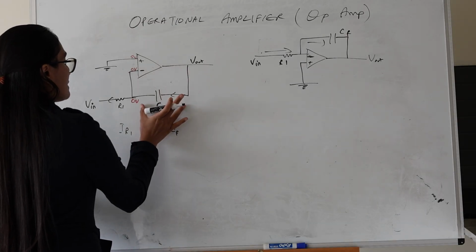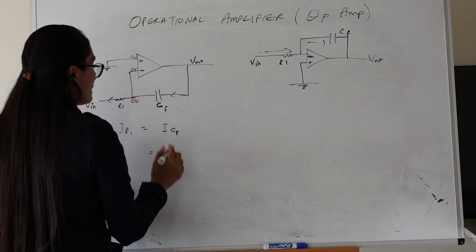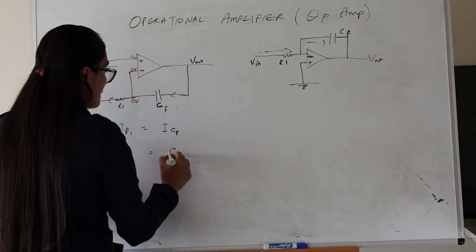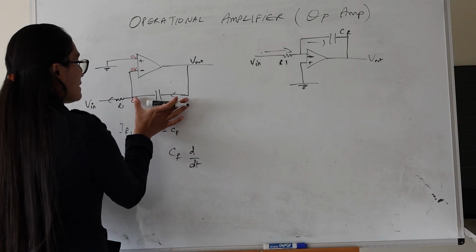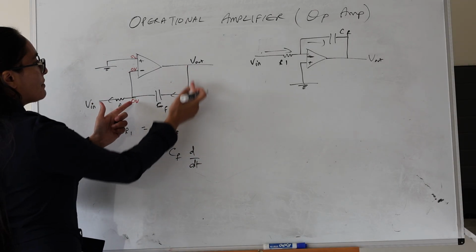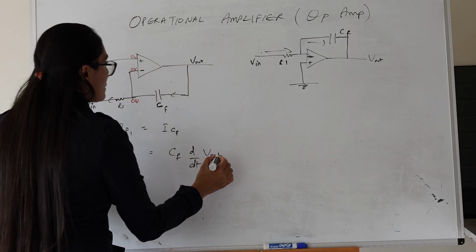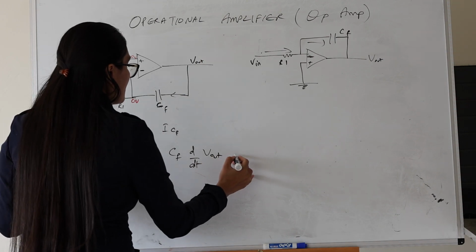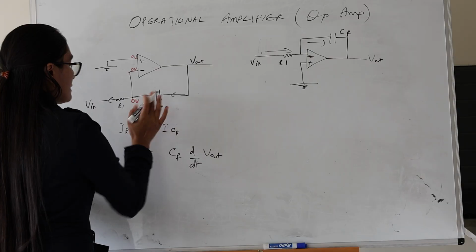So what is the current that flows through the capacitor? I equals C dV/dt, and V here is the voltage drop across the capacitor, which is V out minus 0, but I'm just going to skip that 0.